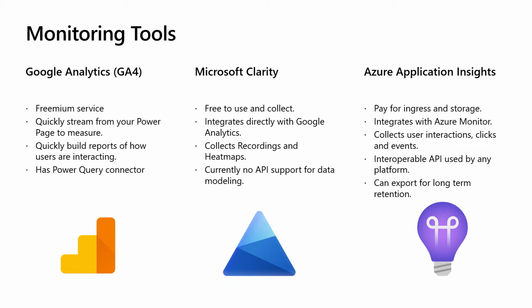You can export this for long-term retention into Azure storage, for instance. You can export this locally, maybe into a SQL instance you have. You can export it into a third-party service such as Splunk, or even into a cross-cloud solution in AWS or Google. So it has the most extensibility, but it does require paying for the usage of the resource.